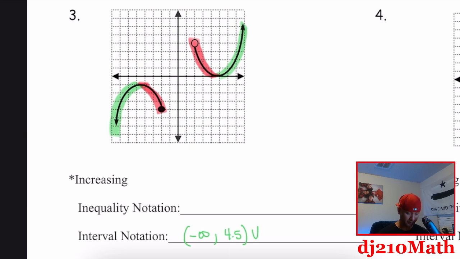The other green part looks like 1, 2, 3, 4, 5 towards infinity. Now we just turn this into an inequality, right? x < 4.5. We're saying -infinity up to 4.5, so everything less than 4.5. And then everything bigger than 5, right? x is greater than 5.